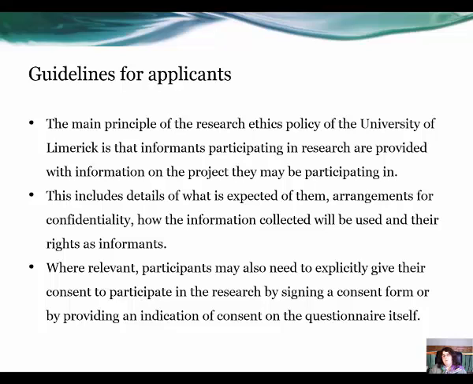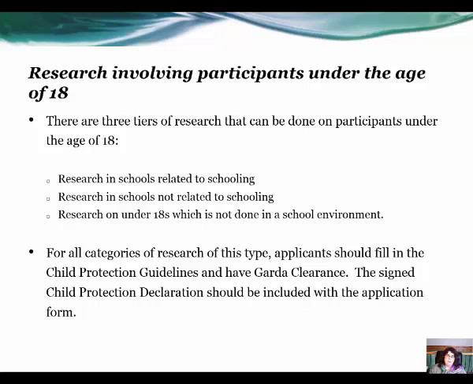What about conducting research with participants under the age of 18? For research done in schools, it is vital that the school give informed consent to the research being carried out. The teacher involved with the particular student group may also need to give their informed consent.